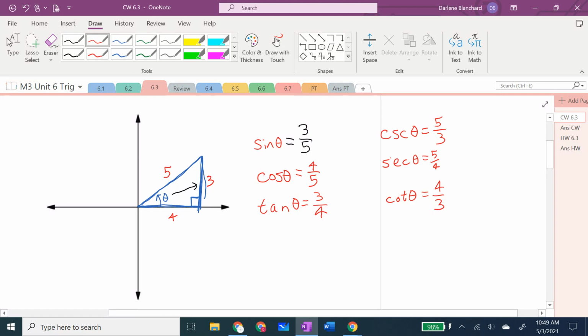COT. So CSC for cosecant, SEC for secant, and COT for cotangent. Make sure you feel really good about these 6 trig ratios. It will make a huge difference.